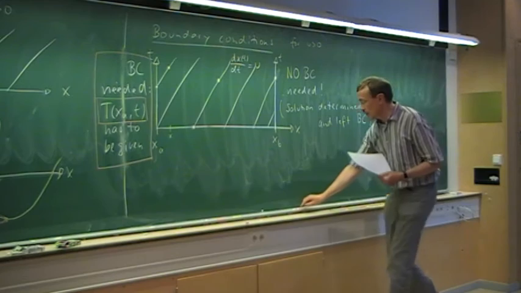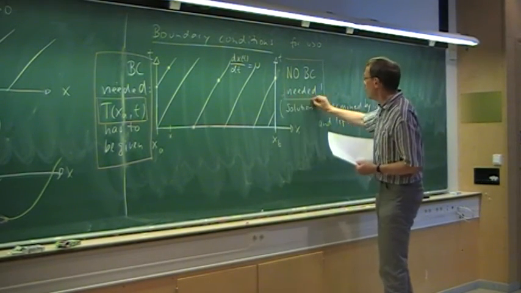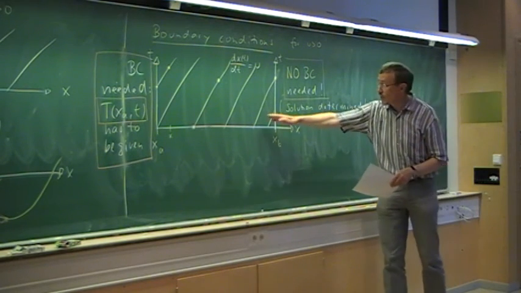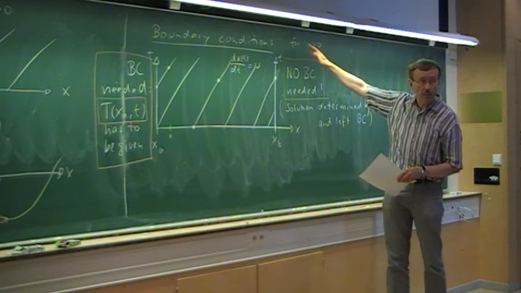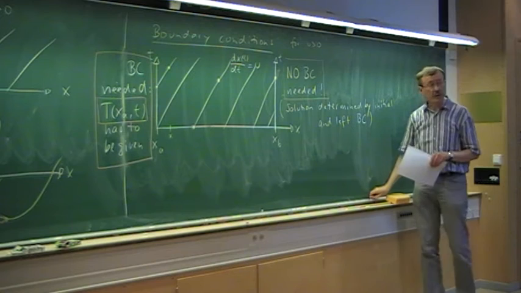But this is important. If you have such a problem where u is positive, check whether in that case the temperature profile is leaving the domain. If it is, no boundary condition is needed. If you give a boundary condition there, you will get trouble.